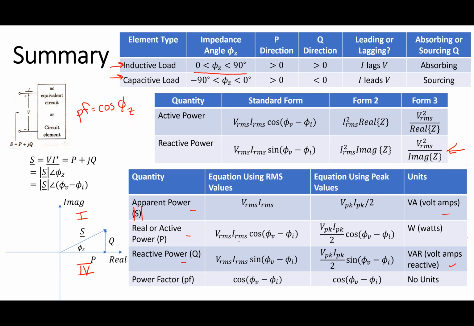If I know the impedance of a load, reactive power is V squared divided by Z. You learned in circuits 1 that V squared divided by R is power. I'm talking about reactive power, so V squared divided by the imaginary part of Z.